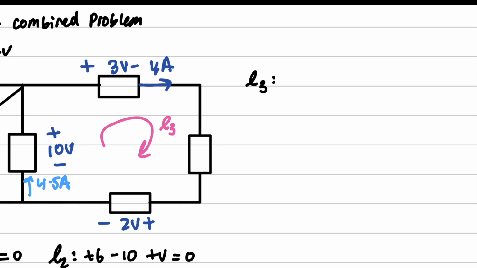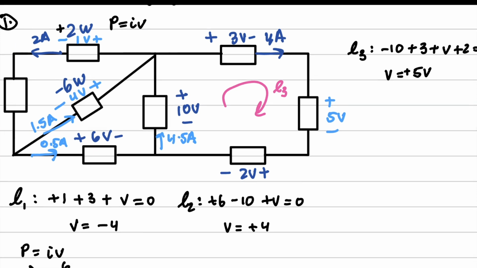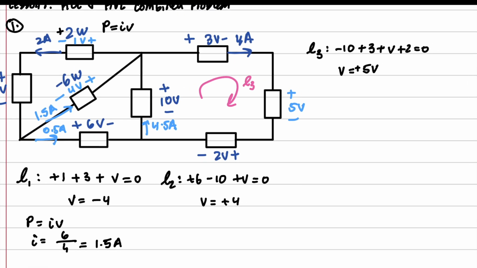We've got -10 plus 3 plus V plus 2 equals 0, and ultimately we get V equals 5 volts. Okay, and that's a positive, and we know for a fact that this current is physically going down this way because it was given to us in the problem. So it will be plus 5 volts minus there. Okay, and that's all for this problem.